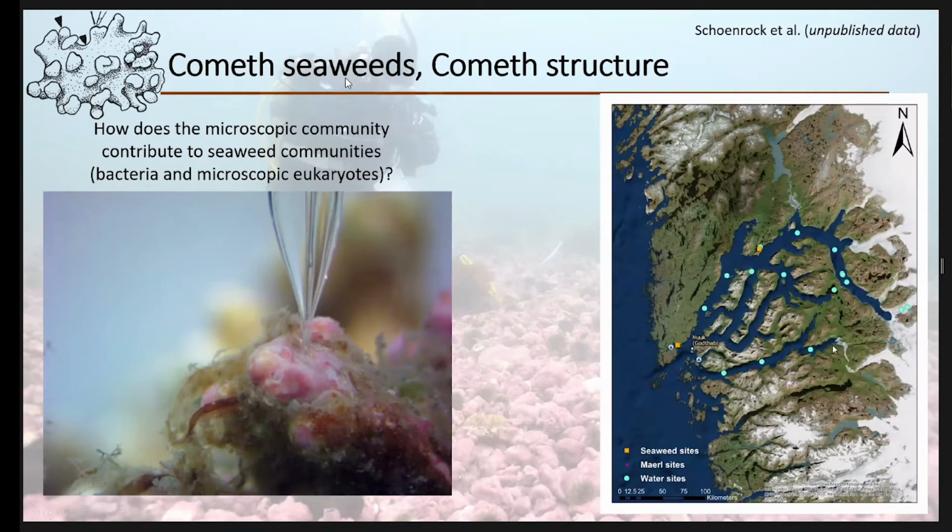So this is just a map showing you where we took all of our samples. You can see we sampled freshwater runoff from the glacier, down the ice fjord, down Godthåbsfjord, which is just outside of Nuuk, and then from seaweeds at the upper fjord system, in the peninsula, and in this minor fjord system. It's a big research base.